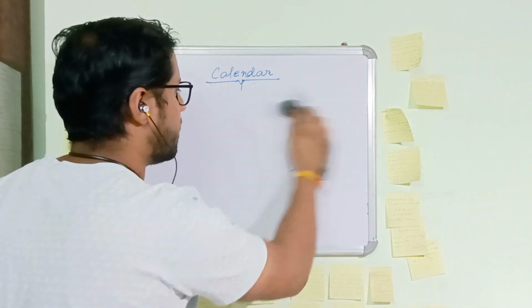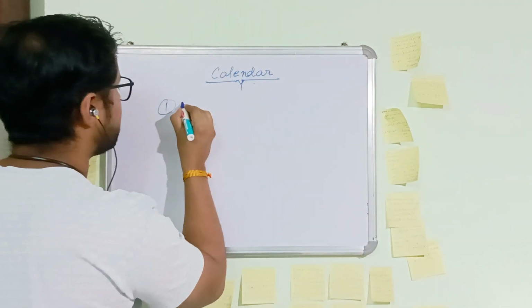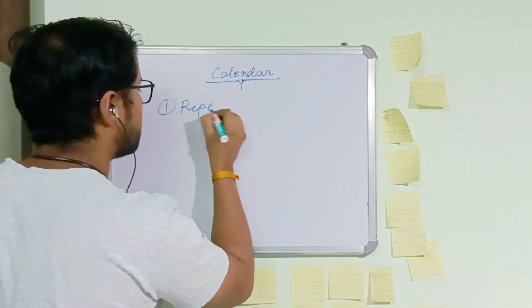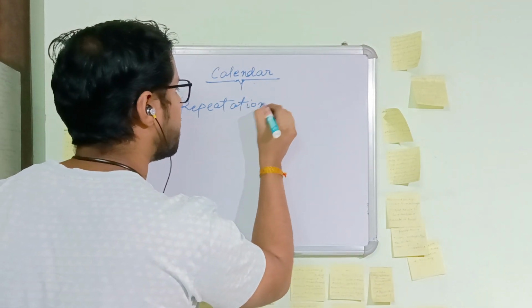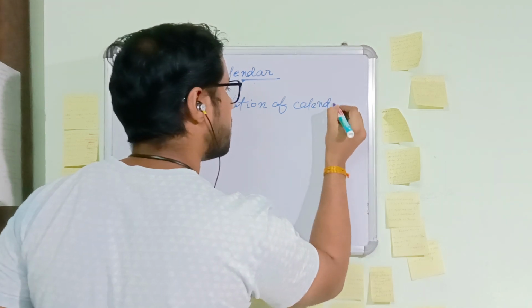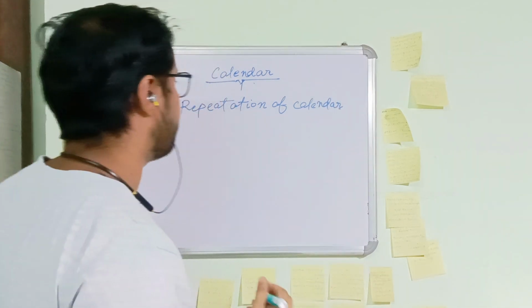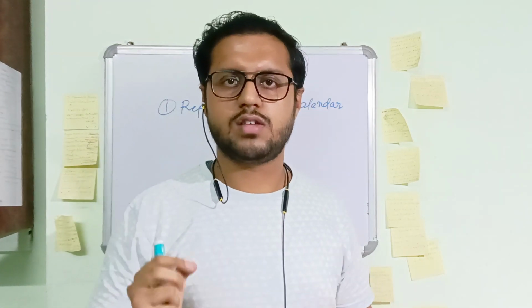The second topic in calendar is the repetition of calendar. Like 2023 is going on.